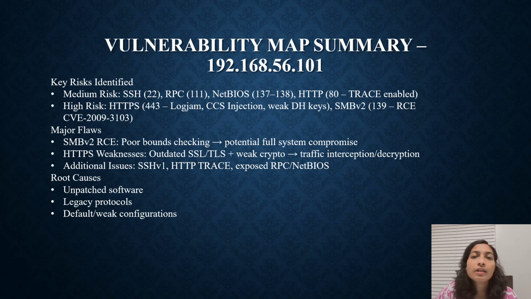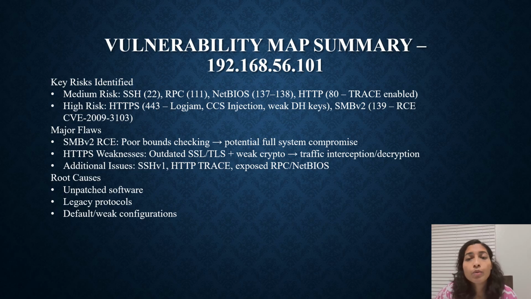The high-risk issues show up on HTTPS port 443 and SMBv2 on port 139. HTTPS is vulnerable to things like Logjam, CCS injection, and weak Diffie-Hellman keys, which means encrypted traffic could potentially be intercepted or decrypted.